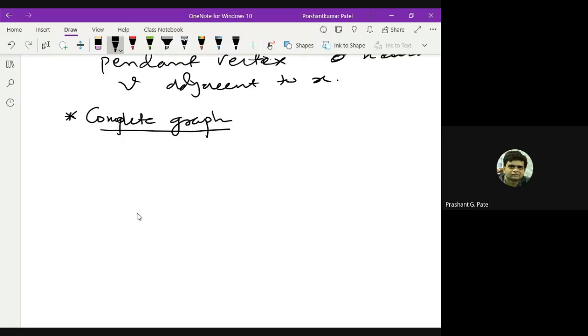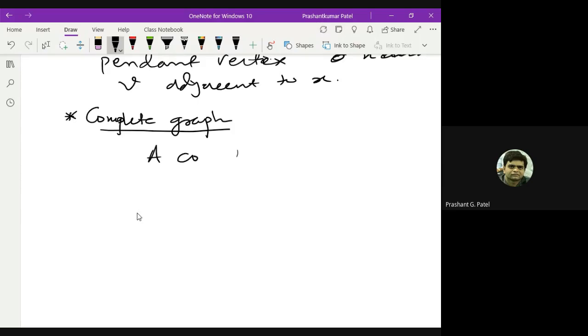So a complete graph is, first of all, a simple graph in which every pair of distinct vertices is joined by an edge. Every pair of distinct vertices is joined by an edge. It's called the complete graph.